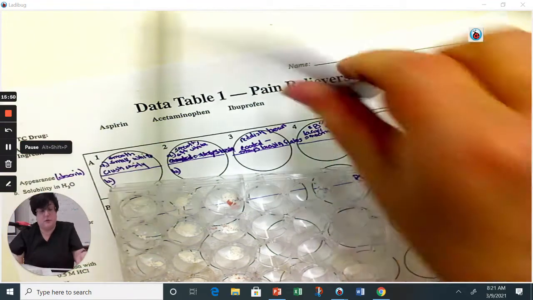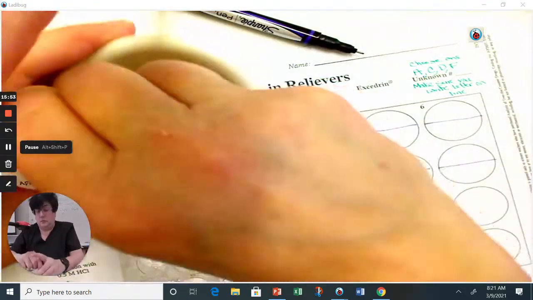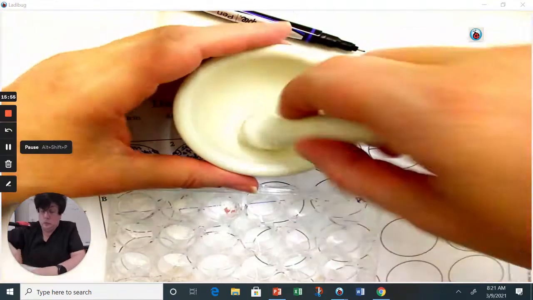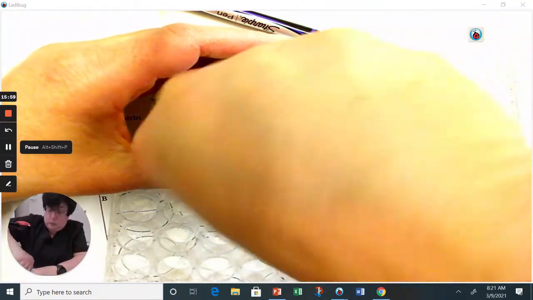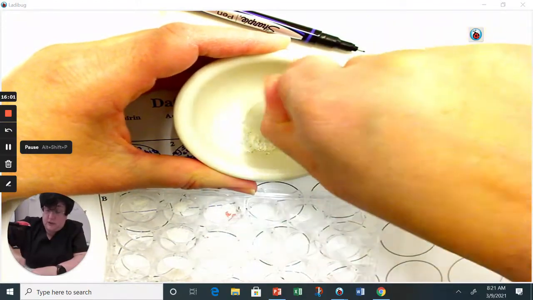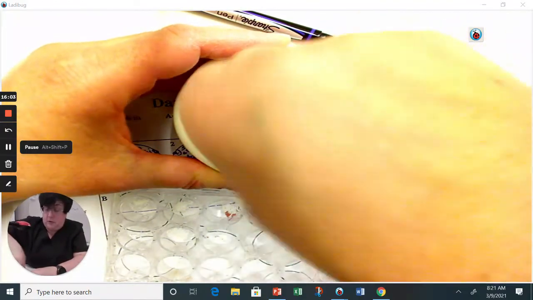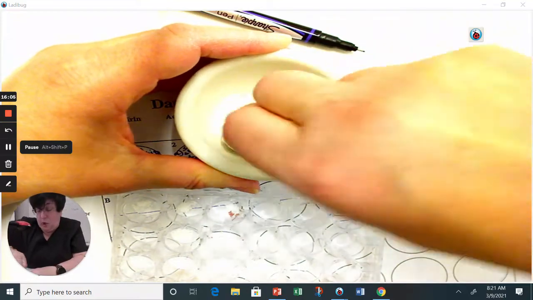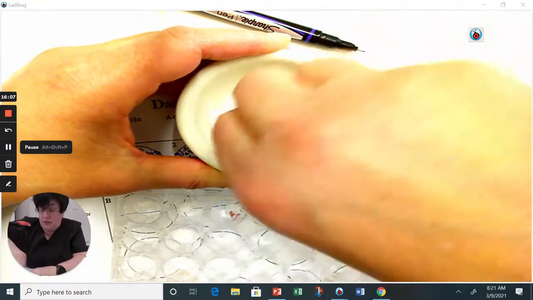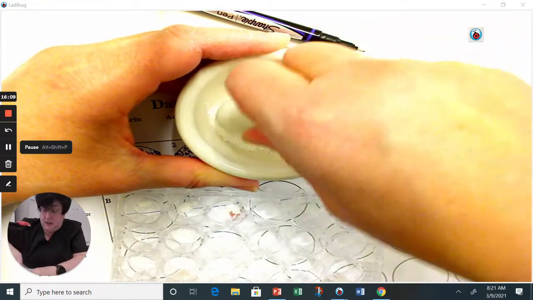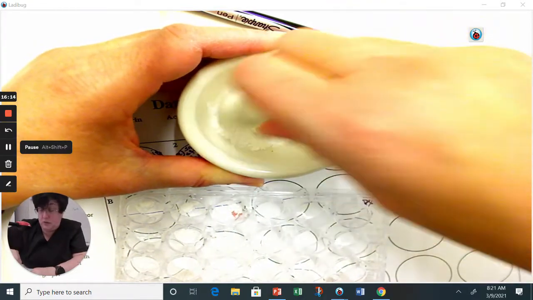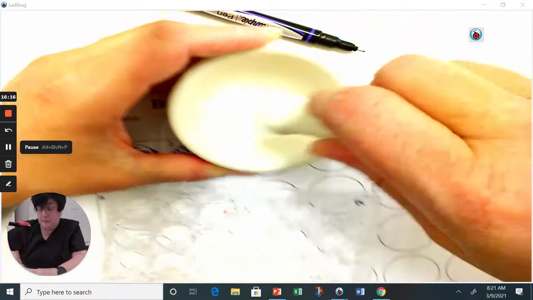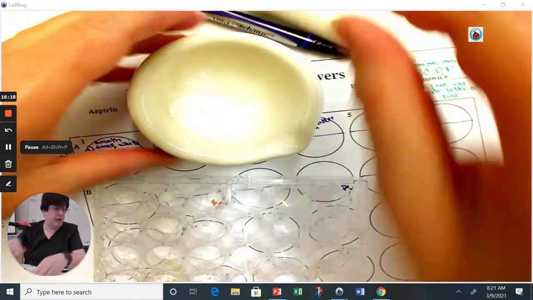Let's see how it crushes. It's very easy to crush. It's not as hard as the other tablets. It doesn't seem to have a really slick coating on it. It gets really fine when you crush it. The aspirin was hard to get fine.